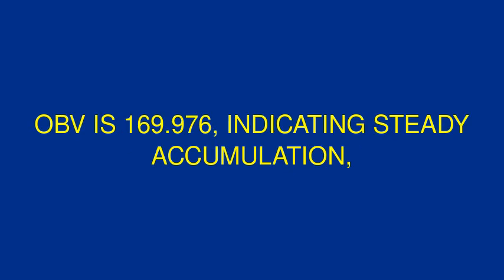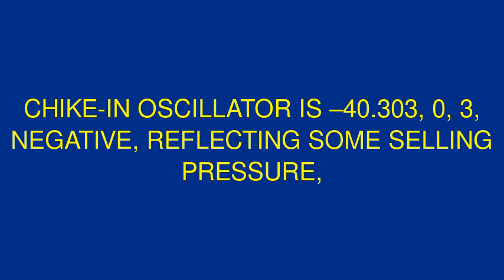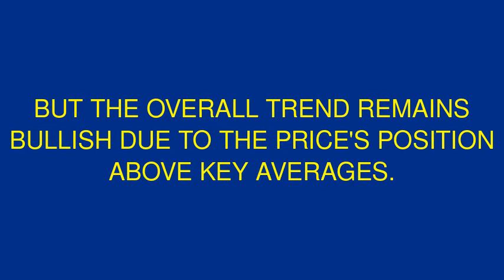OBV is 169.976, indicating steady accumulation, though the lower volume suggests reduced buying intensity at current levels. Chaikin oscillator is -40.30303, negative, reflecting some selling pressure, but the overall trend remains bullish due to the price's position above key averages.